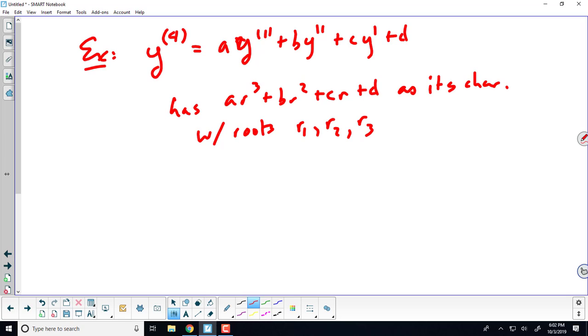I feel like I'm missing something here. Sorry, this should be to the 4th. You were right, Jalen, I'm sorry about that. That should be a r to the 4th. That's what I'm missing, I'm missing a y term. Okay.